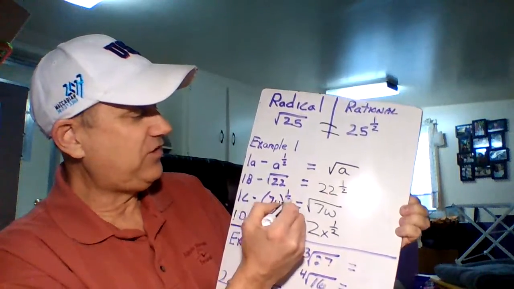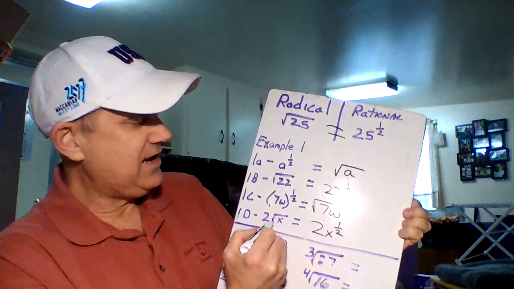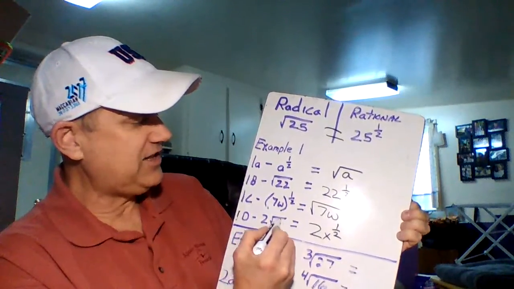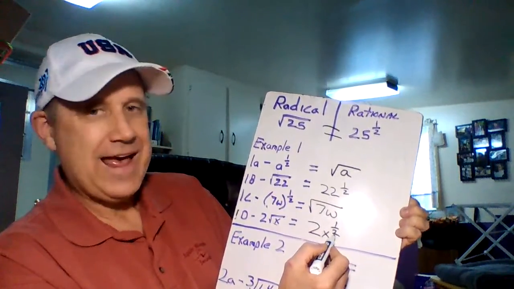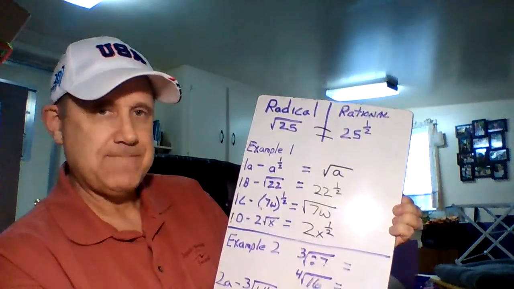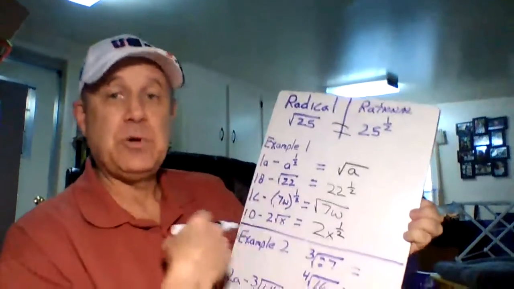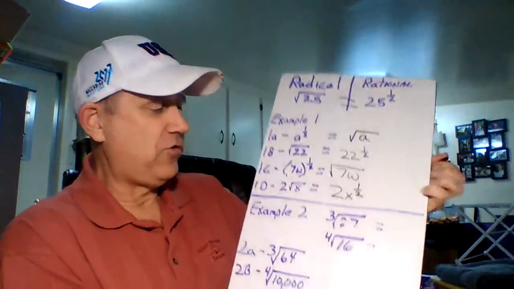There we do have parentheses, so the exponent applies to the whole thing. In 1d, this square root only applies to the x, so the 1/2 only applies to the x. It does not apply to the 2 here. So that's example 1, changing exponents from radical form to rational form.